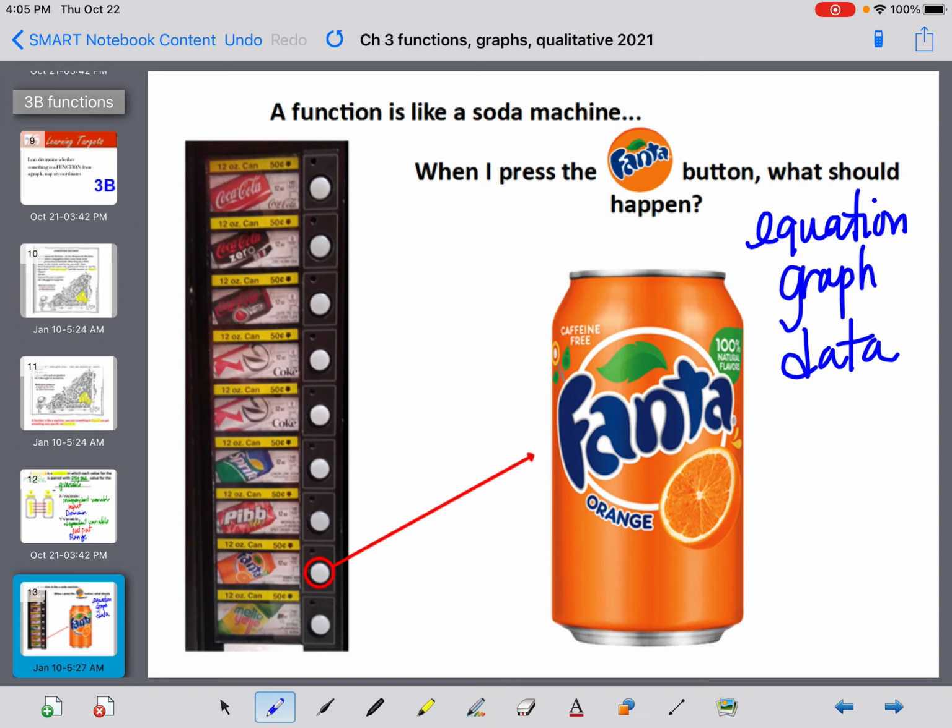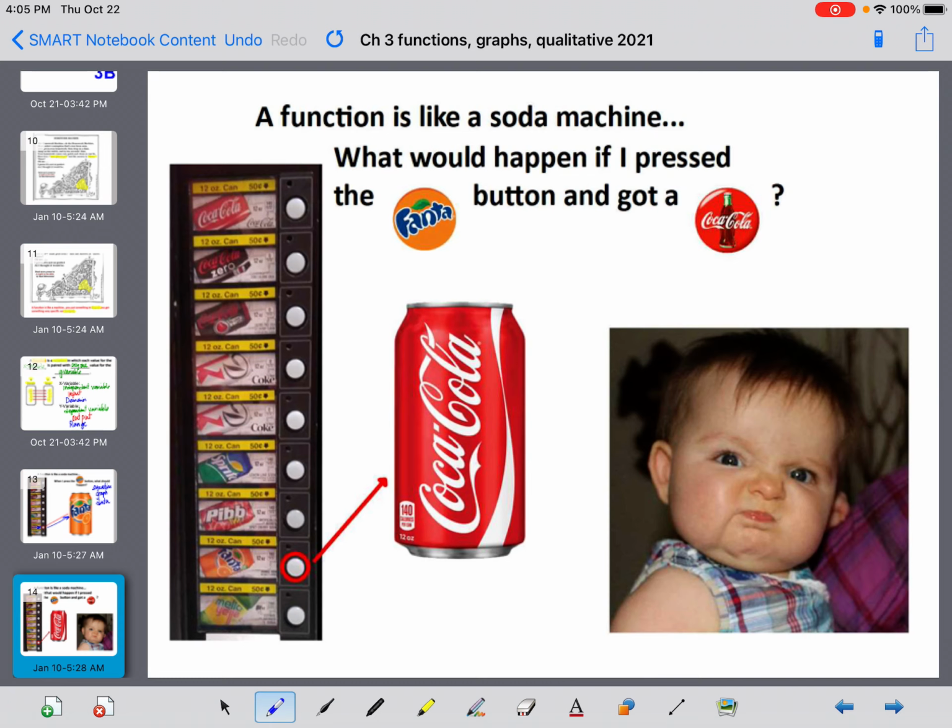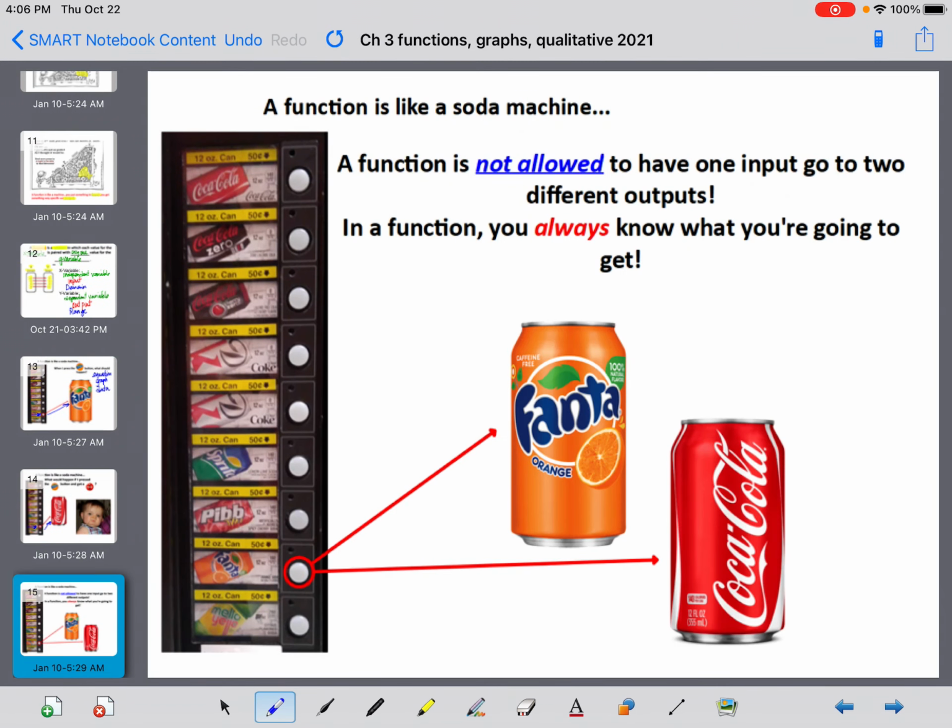So it works like a soda machine, right? If I push the Fanta button here, I should only get Fanta out. My input should only give me one output. If I push the Fanta button and I get a Diet Coke, that's not the expected result. That's not what I wanted, and that makes me mad, right? That function is not working. That is actually not a function if that happens.